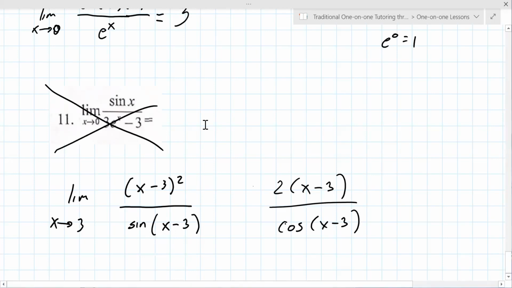And then you plug in the 3, so that's 2 times 3 minus 3, which is 0. Zero over 1, which is 0. Cosine of 0 is 1.